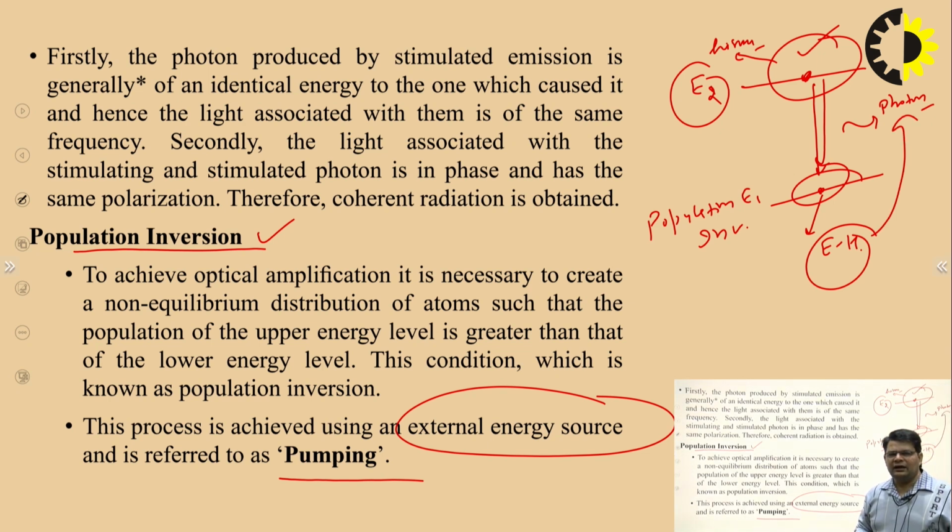To maintain the higher density in the upper state is known as population inversion, and this can be achieved with the help of an external energy source, and the process is known as pumping. So laser basically works with spontaneous emission and stimulated emission, and for achieving the stimulated emission, we use population inversion through the pumping process.